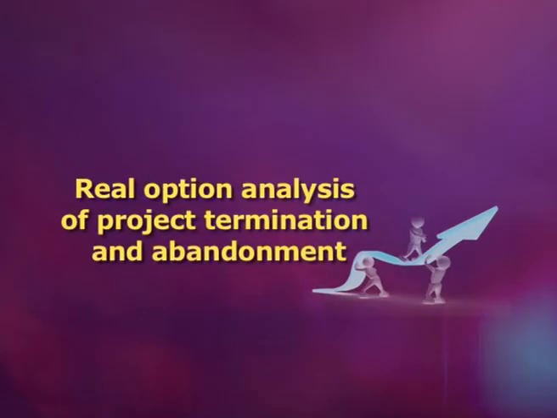Let us end our discussion with the real option analysis of project termination and abandonment. Real options exist when managers can influence the size and riskiness of a project's cash flows by taking different actions during the project's life.